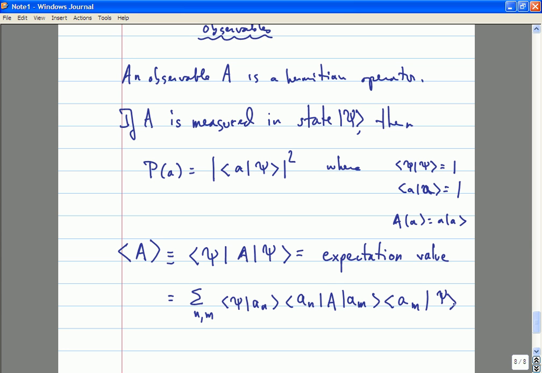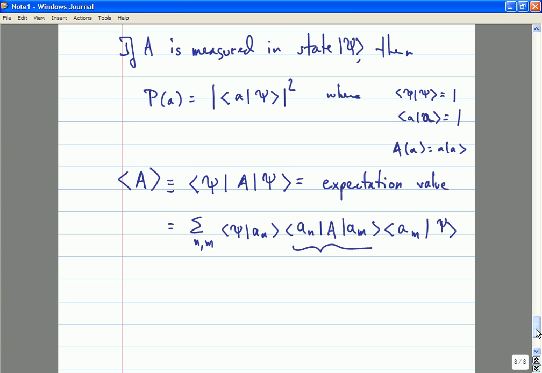This quantity here, of course, is equal to a_n times delta_nm, or a_m times delta_nm. They're, of course, the same thing. And so this whole thing is just equal to the sum over n, a_n times the overlap between psi and a_n squared, otherwise known as the probability of observing the eigenvalue a_n.